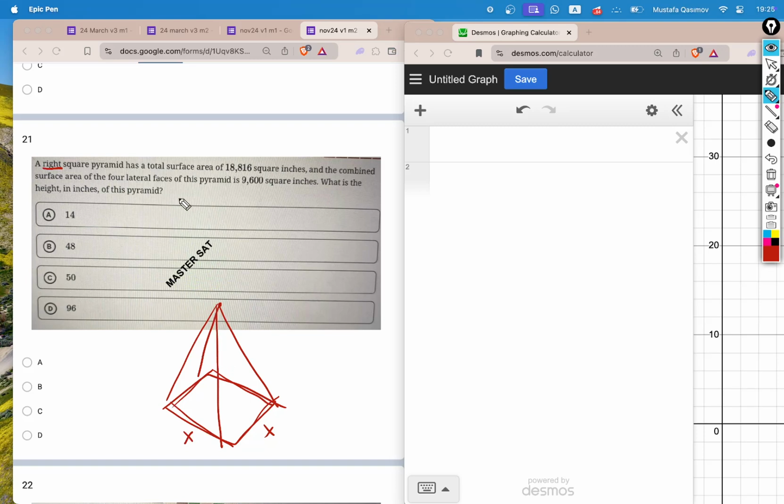Then it says the total surface area is equal to 18,816. We can say that the total surface area is equal to the square base plus 4 triangles. And the lateral surface area is equal to 9600, which is equal to 4 triangles.